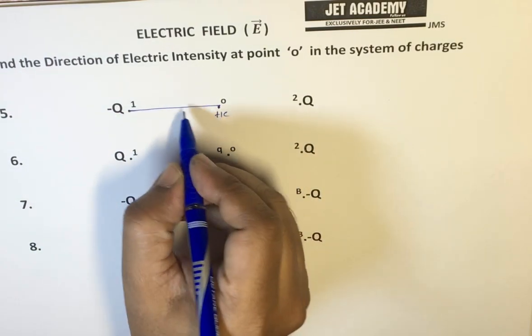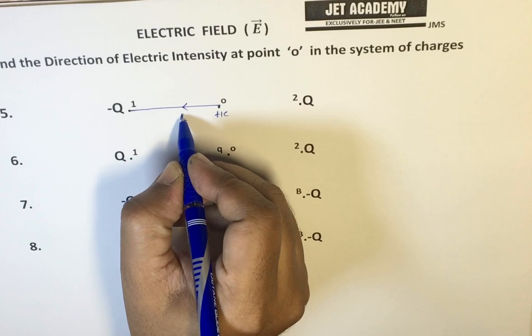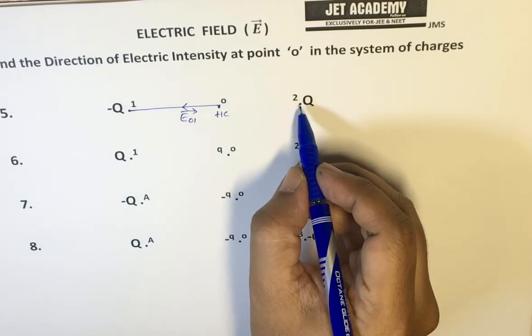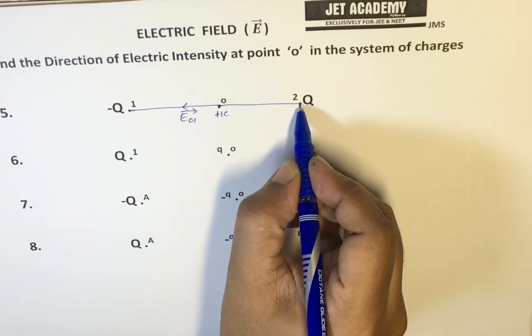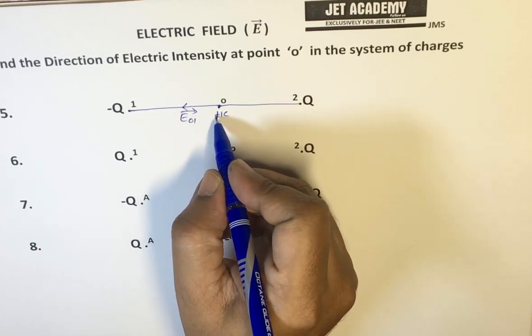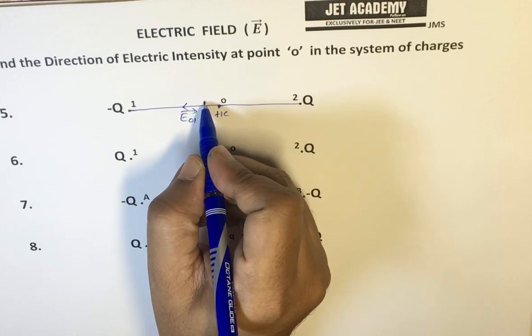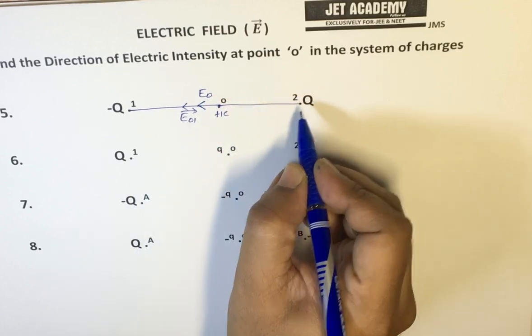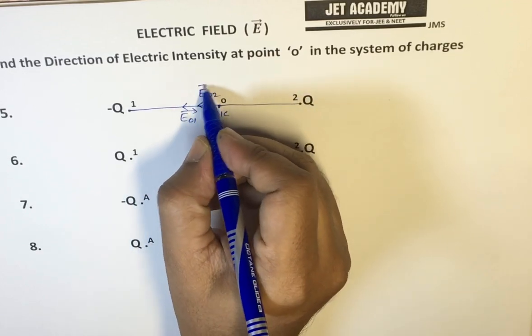This plus 1 is attracted towards this one, electric intensity at O due to charge 1. On this line joining these two, this is positive, this is positive, and here it is going to be repulsed. This is the electric intensity at O due to the charge at 2.